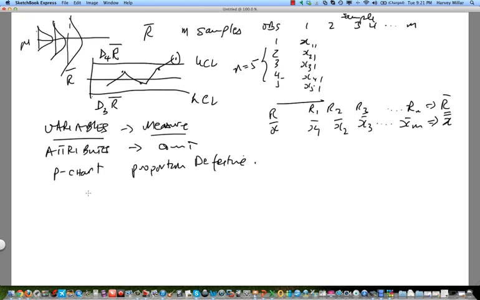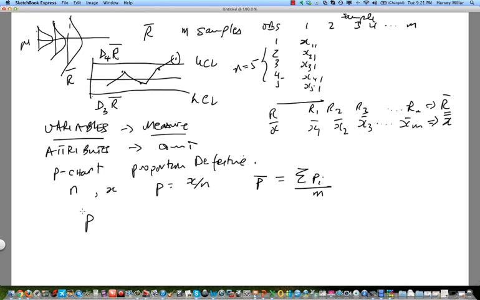So usually what we have is n, a sample size, x, the number of defects, and p is x over n. Once we get that, if we take several samples, then we could create p bar, which is the sum of all of the sample proportions divided by the number of samples that we have.